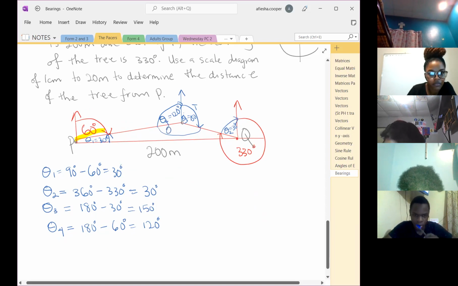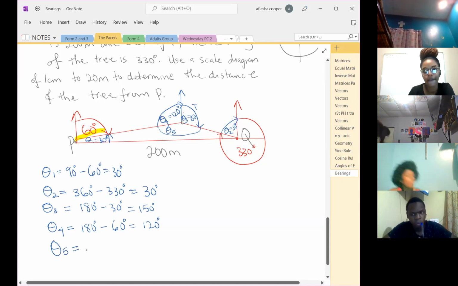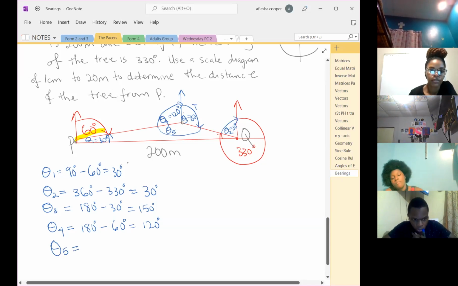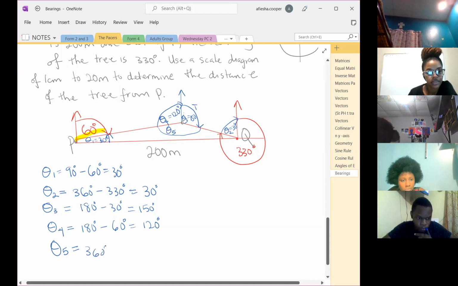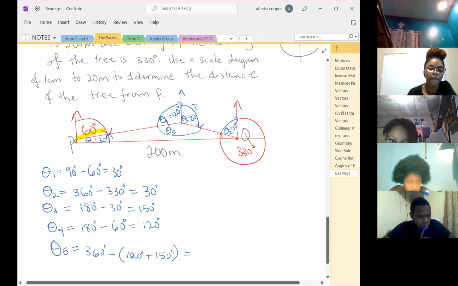Theta 5. 360 minus 270. 360 degrees minus 120 plus 150, which is 90 degrees.